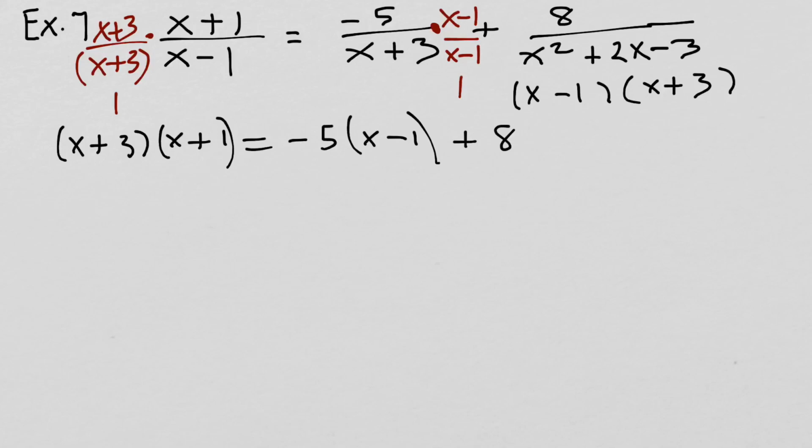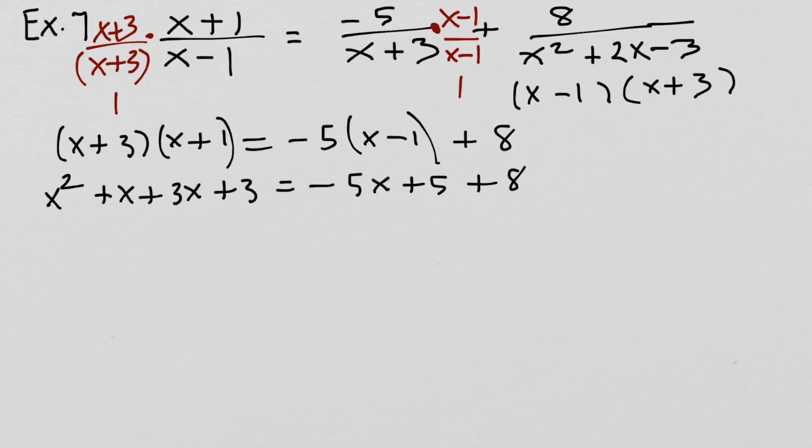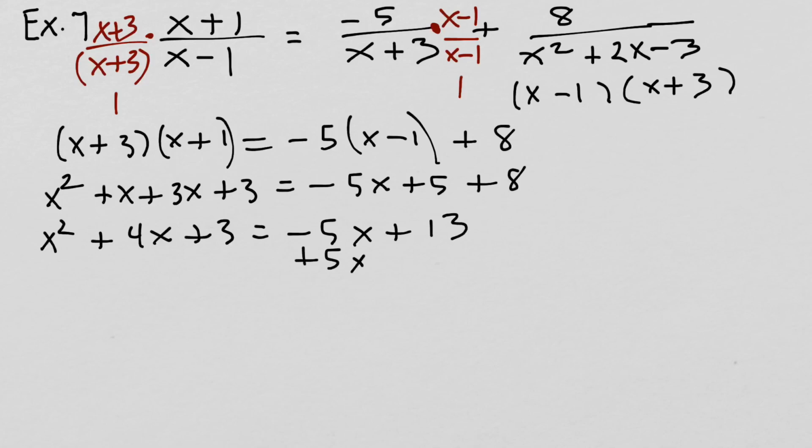All right, so let's simplify that. So I'm going to double distribute. I'm going to combine like terms. So we're going to bring the x's over to this one side over here.